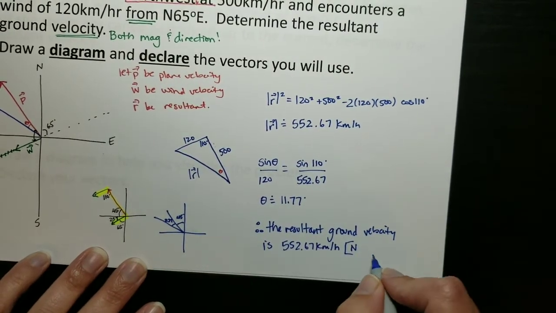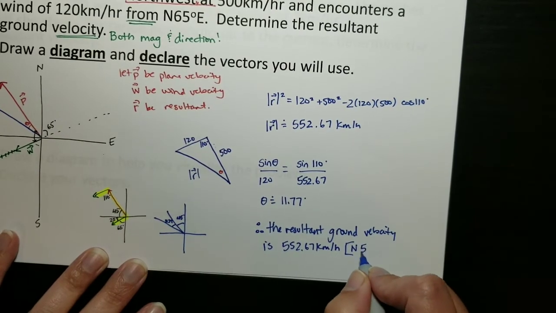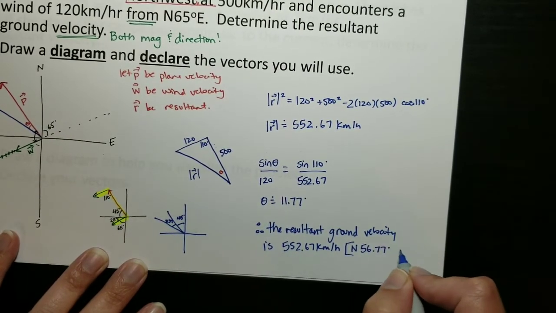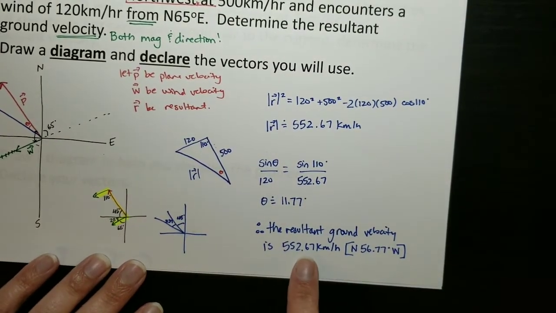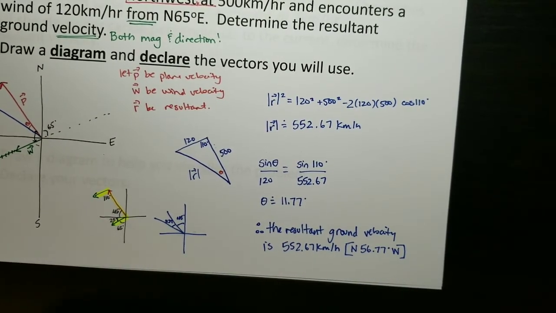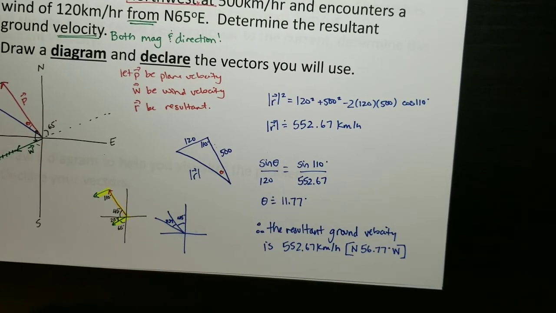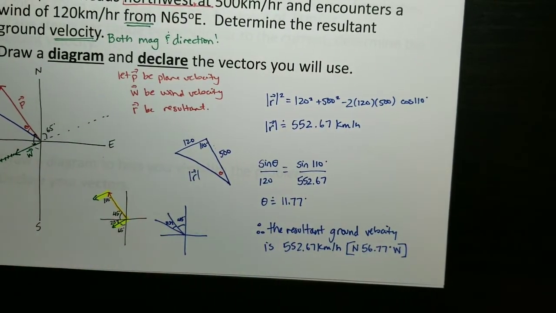I'm going to say north, and then adding the 45 to this is 56.77 degrees west. So make sure, again, it will specify magnitude and direction. If you just find the magnitude, you've only done half the question. So that's really important to remember.